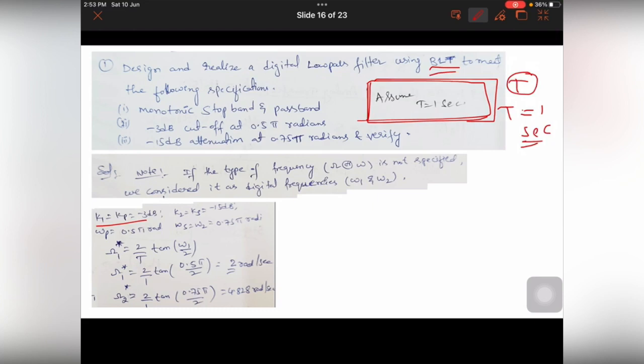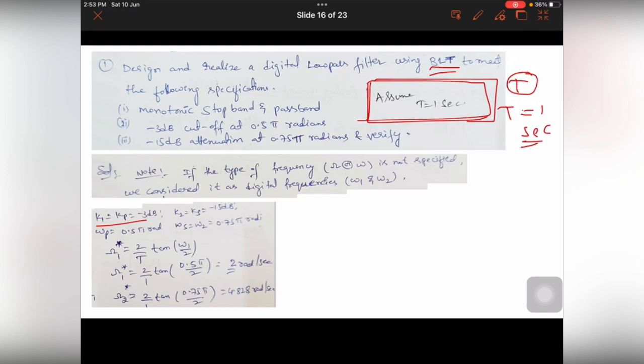So I will give a note here: if the type of frequency omega, analog or digital, is not specified, we can consider it as digital frequency. Now we cannot use the digital frequency directly, as we do not design any digital filter directly. Hence we convert this digital frequency into the corresponding analog frequency. How we do that, I will show here.